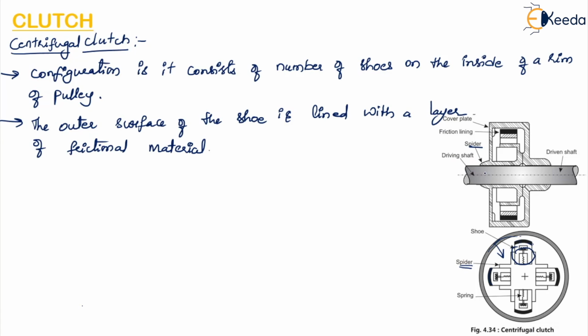Here you can see these are the spiders and the shoes are held against these spiders with the help of springs. This is the frictional lining, this is the shoe, this is the outer cover plate, this is the driving shaft, and this is the driven shaft. This centrifugal clutch setting, the rim inside the pulley which has the shoes and the spider setup, is present on the driving shaft of the clutch.